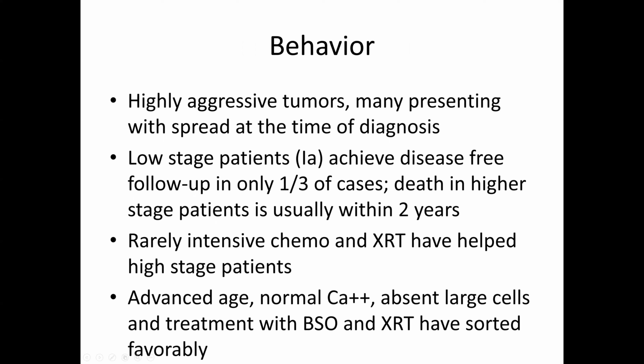Advanced age, normal calcium, absent large cells, and appropriate treatment with bilateral salpingo-oophorectomy, radiotherapy have had some survival advantage. So certainly don't lose all hope. Sometimes things go this well here.